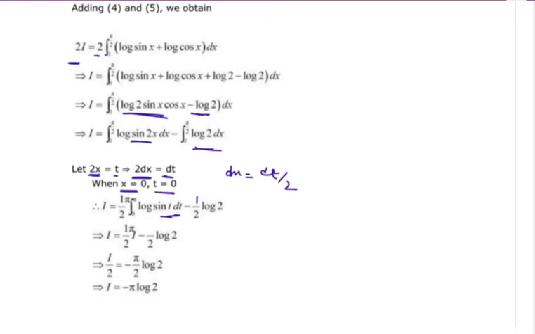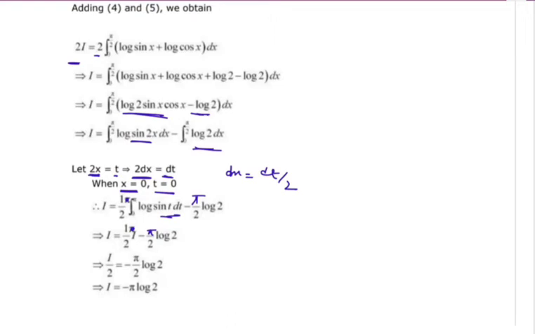So log sin t dt is I, and the second term is pi by 2 log 2. So I equals 1 by 2 I minus pi by 2 log 2.